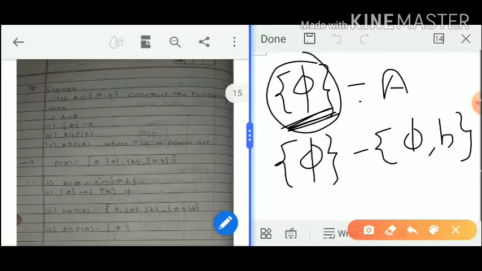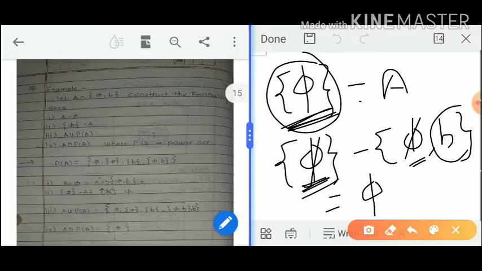So X minus Y means all the elements of X but not in Y. The first set's only element, phi, also belongs to A. So cancel. The first set contains only a single element, there are no extra elements, so the answer is null, phi.